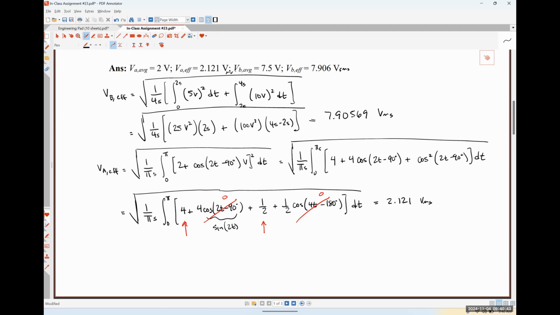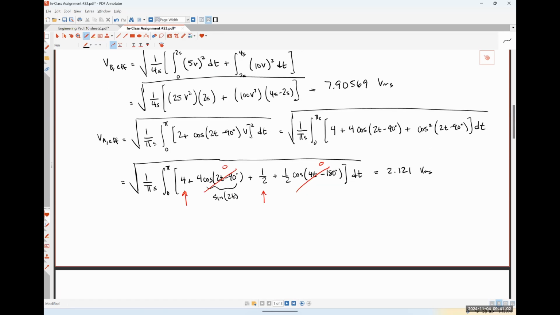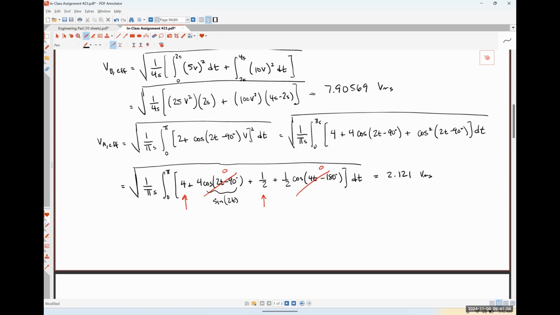Okay. So that was not too bad, but some of the questions that you were given on your homework assignment dealing with similar things are quite gross because they have more than one sinusoidal term that you have to square and all of that kind of stuff. So let me give you a cheat sheet effectively, okay?